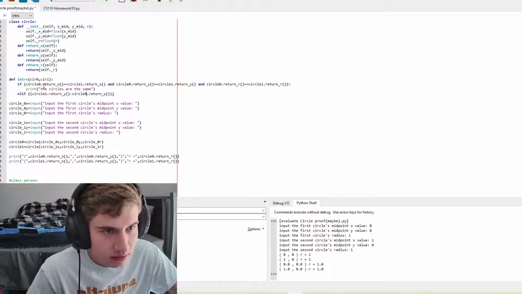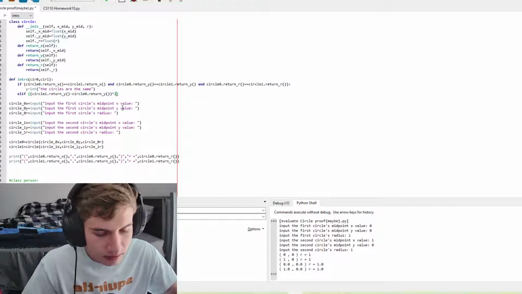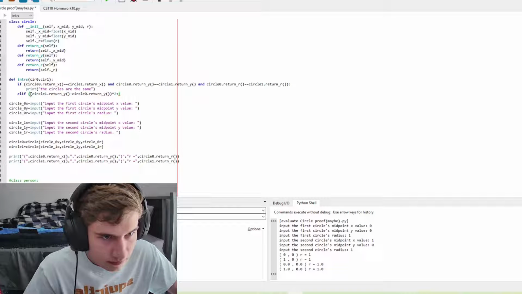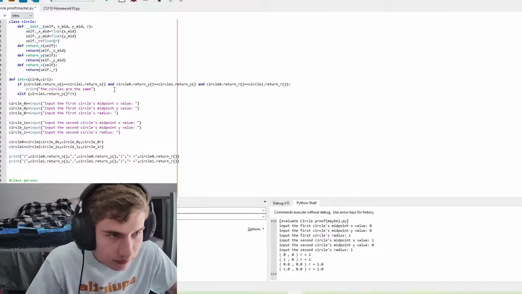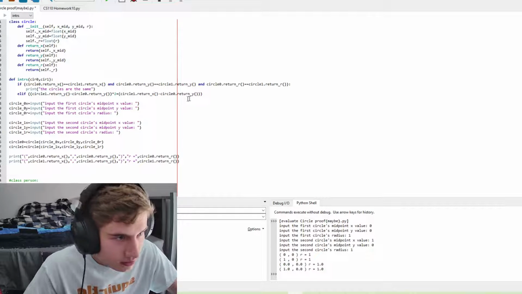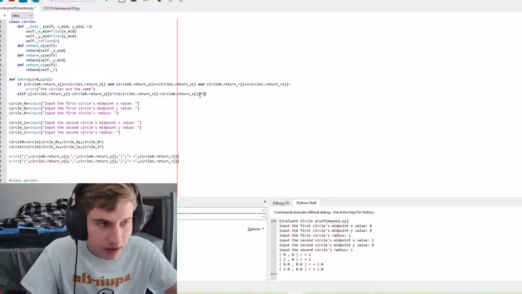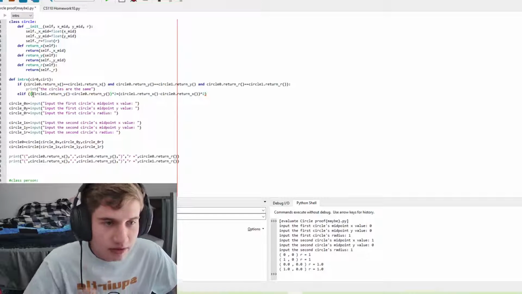So this is y2 minus y1, squared, plus all of that but with the x coordinates squared. So let me make sure this is right.